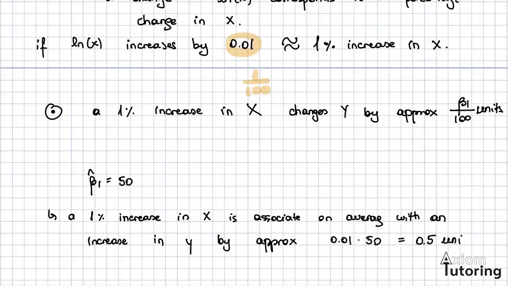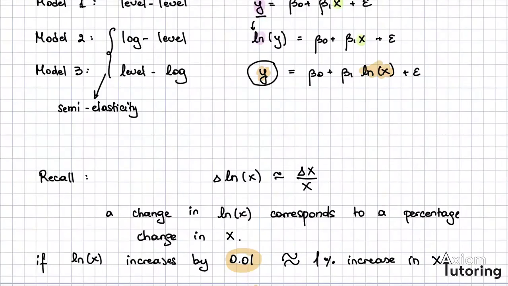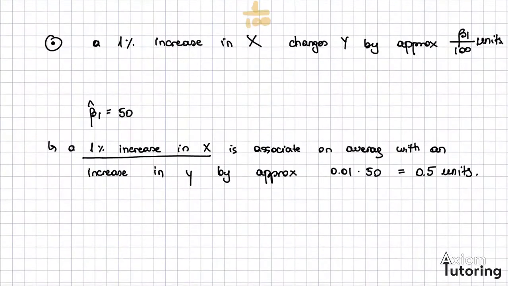And again here, units. Because remember, in the level-log model, the y is back in units, and the percentage now only sticks to the x. That's why we have a 1% increase in x, but for the y, we have units.